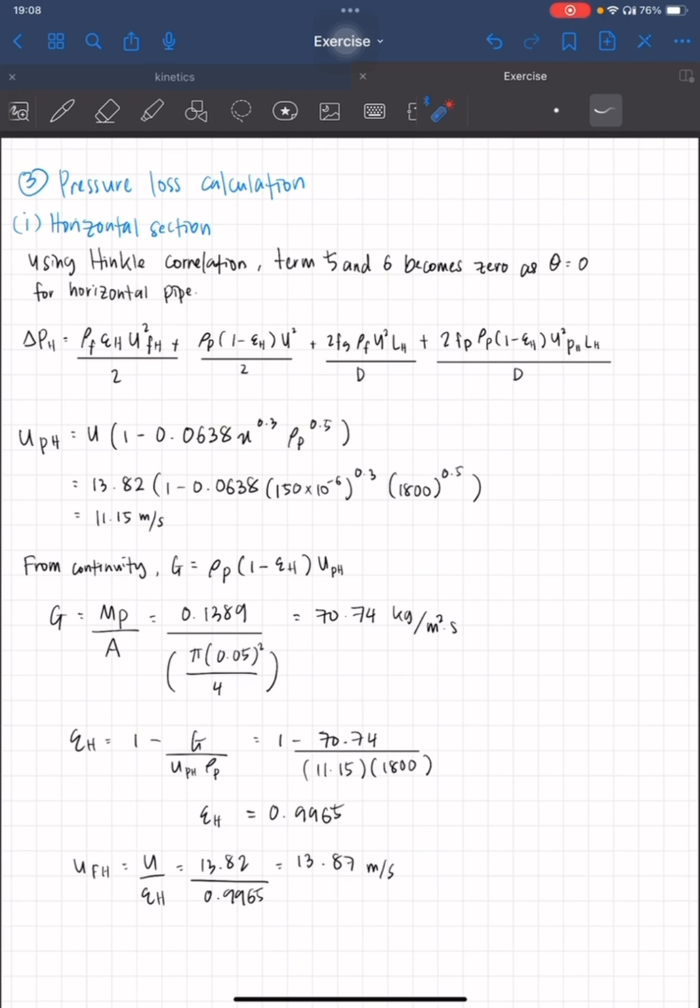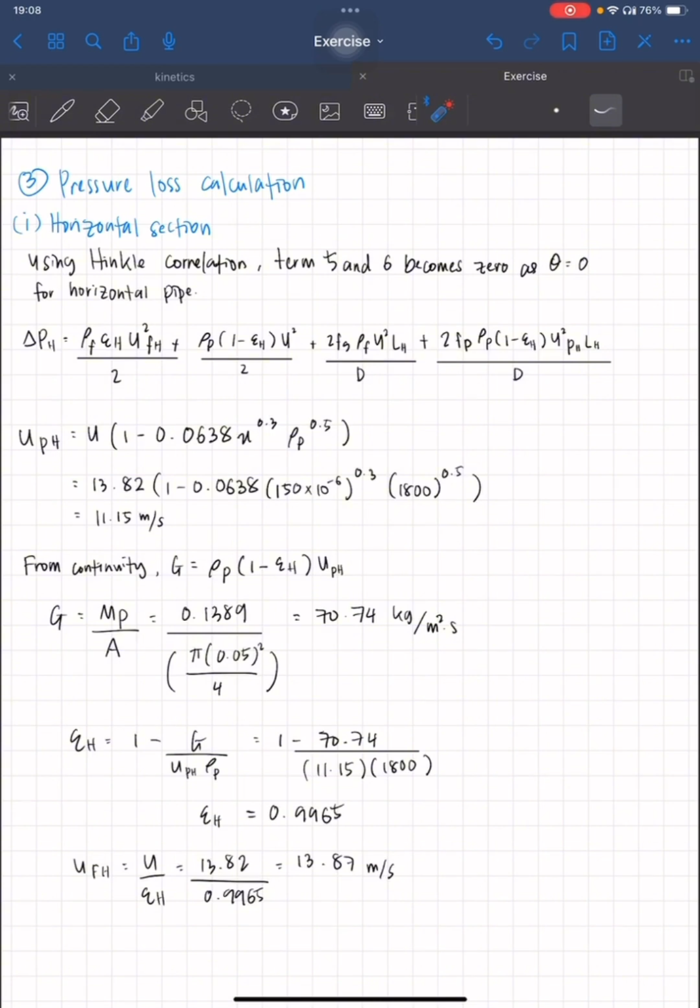But for the horizontal section, we can neglect terms number 5 and number 6 since the theta of the static head is equal to 0 for a horizontal pipe. So these are term number 1, term number 2, term number 3, and term number 4.